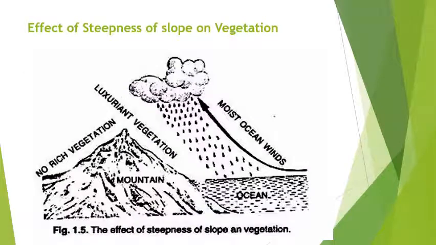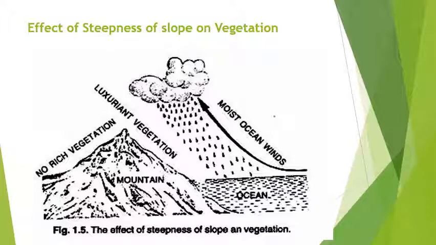The effect of steepness and sunlight on vegetation. In addition to determining the character of the soil, slope also brings about variation in soil water content. The steepness of slope determines the rapidity with which water flows away from the surface, the degree of wetness of the soil surface, the intensity with which the sun rays can heat the soil surface, and the denseness and the height up to which vegetation can occur.